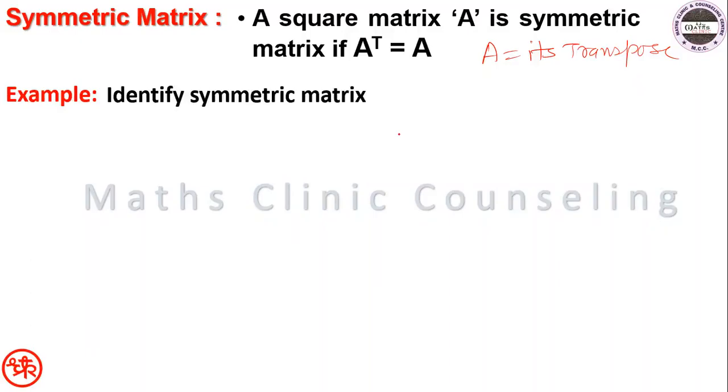एक मैट्रिक्स लिखते हैं हम. आइडेंटिफाई अ स्क्वायर मैट्रिक्स. एक एग्जांपल लिखा है हमने.